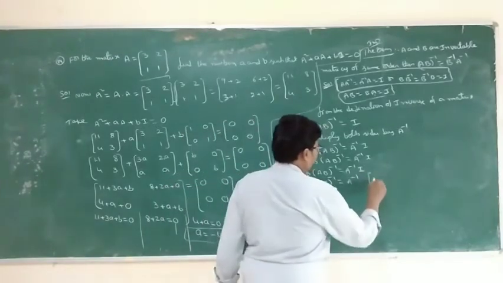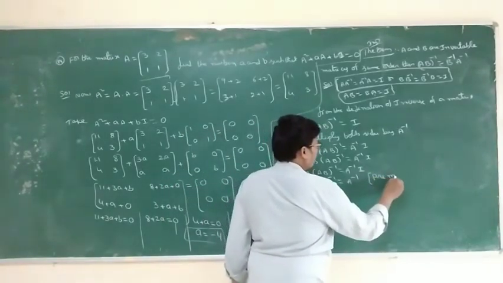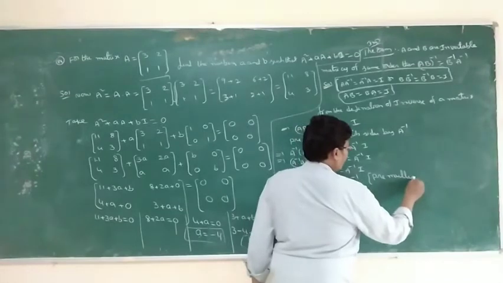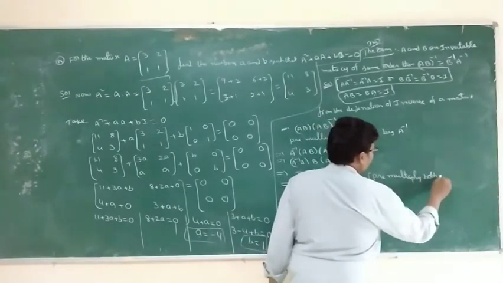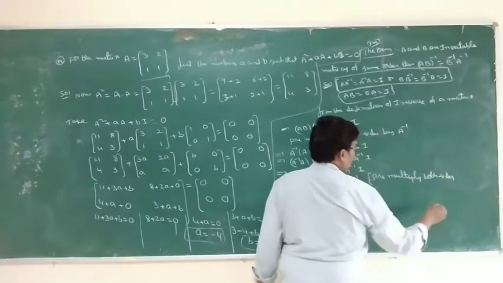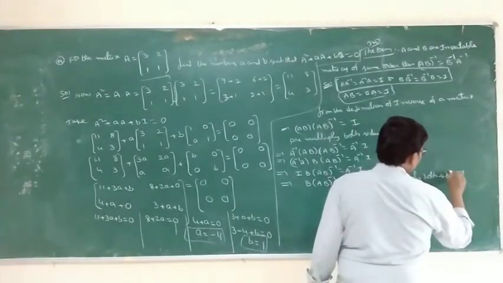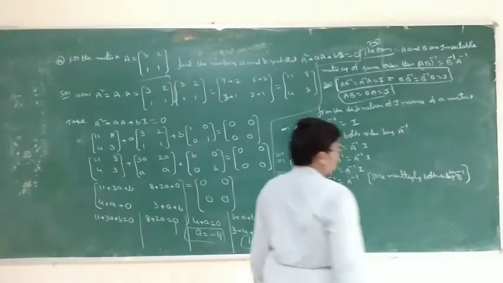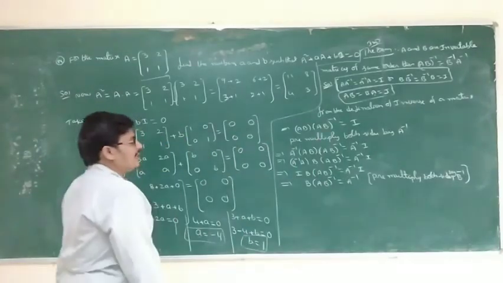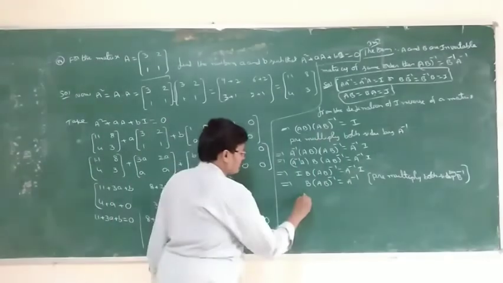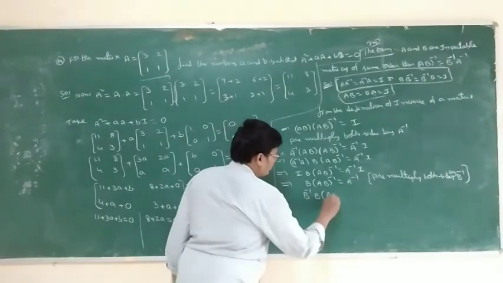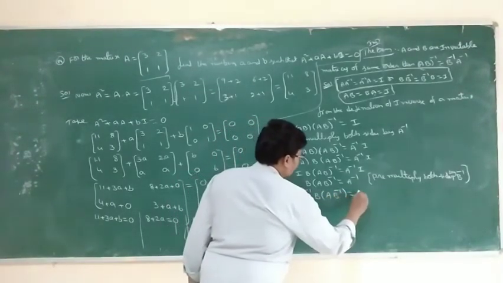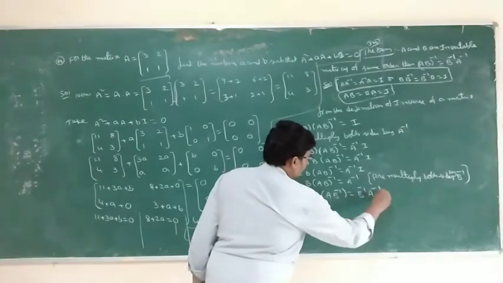Again, pre-multiply both sides by B inverse. So that is B inverse into B into (AB) whole inverse is equal to B inverse into A inverse.